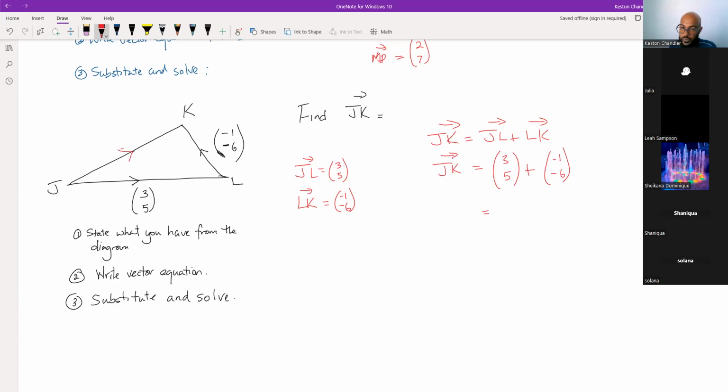JK is how I want it to be. We're going to get 3 plus -1, 5 plus -6, and that's going to give us 3 minus 1, 5 minus 6. 3 take away 1 is going to give us 2, 5 take away 6 is going to give us -1. And that's how we're going to get JK.